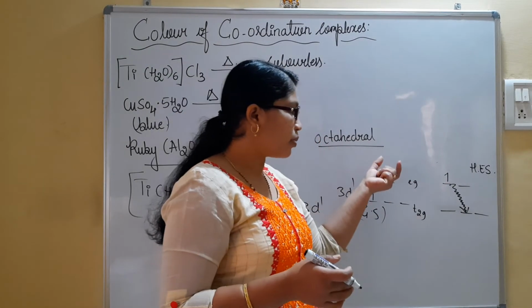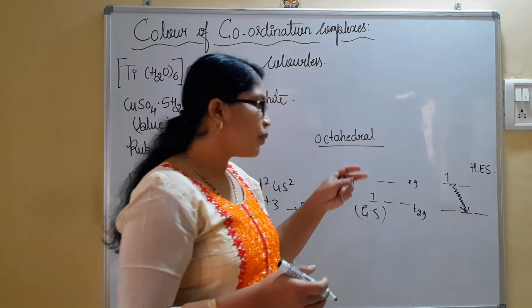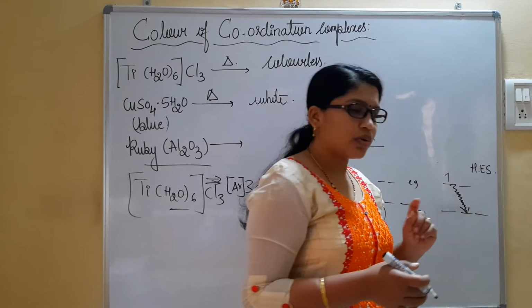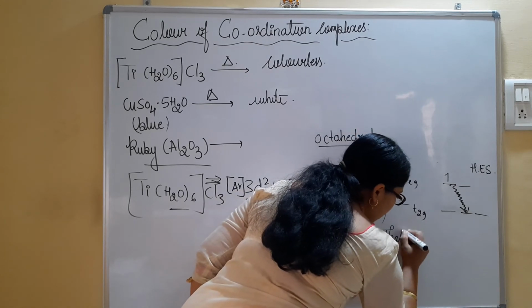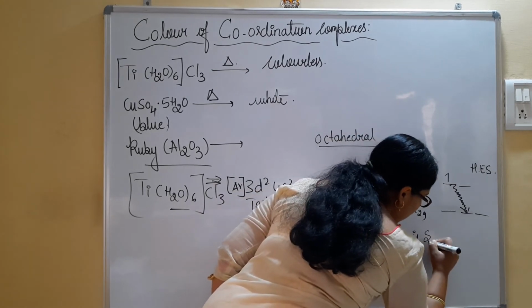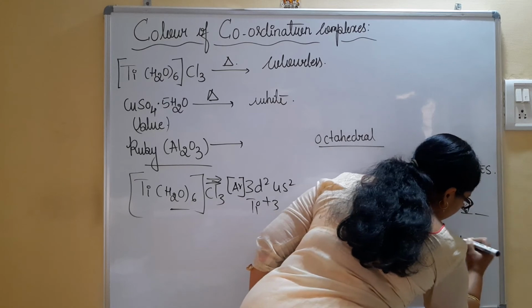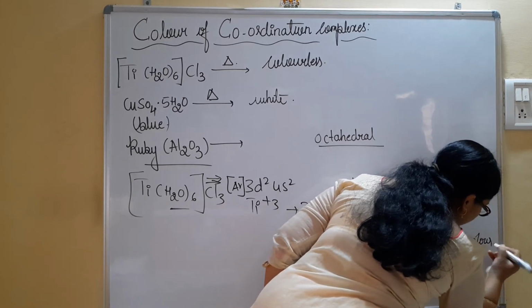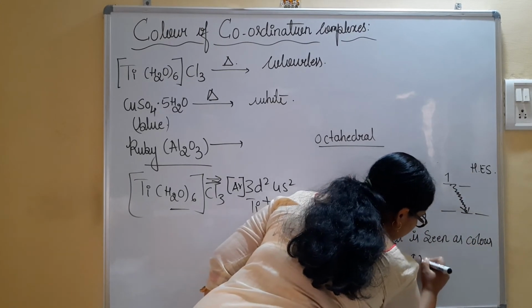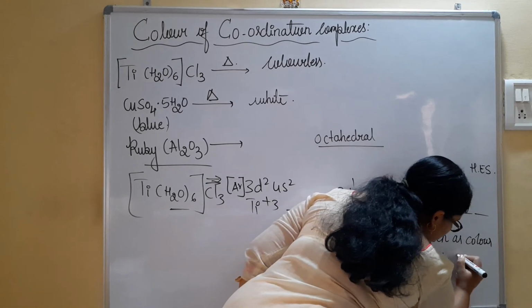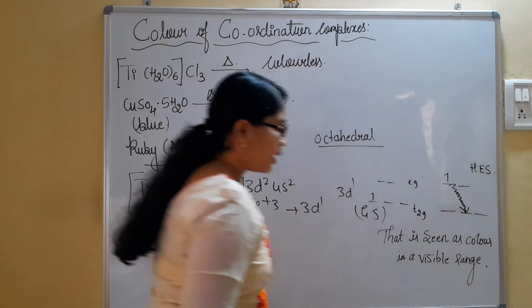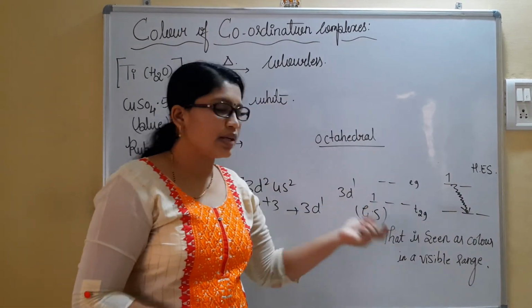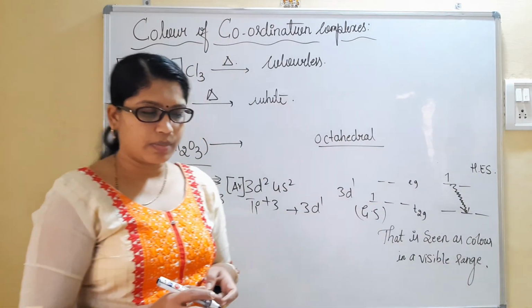Initially, it absorbs energy and moves to the higher energy state. While coming back to the ground state, it releases a certain amount of energy. That energy is seen as color in the visible range. That is called the coloring property of these coordination complexes.